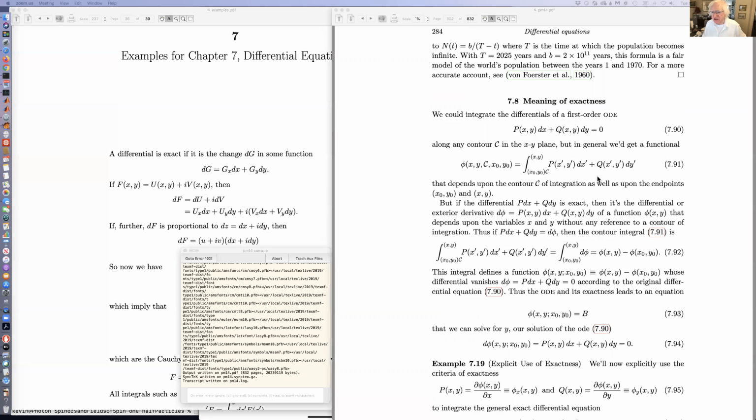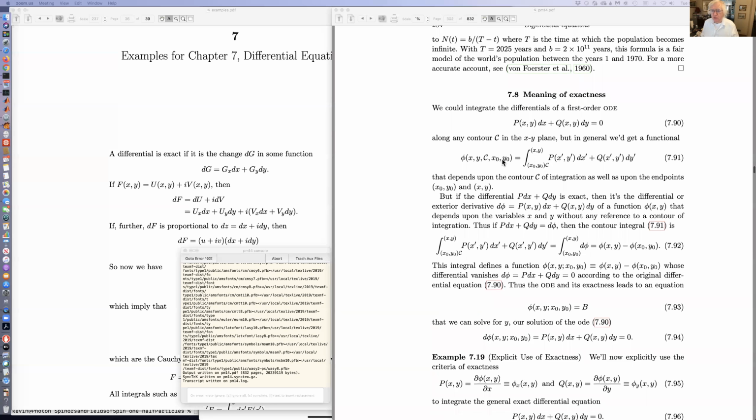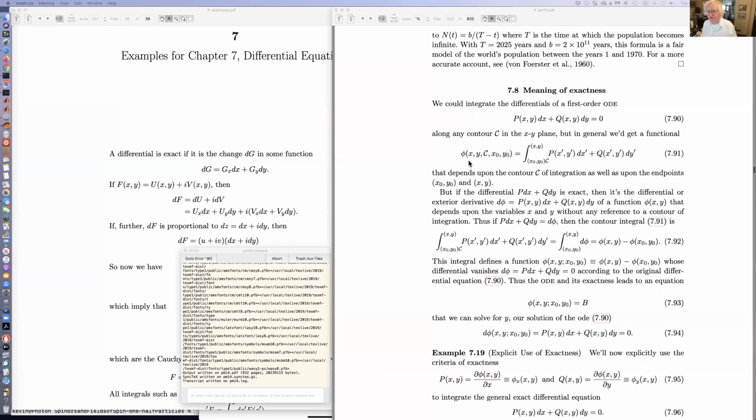So there's the distinction here between an exact differential, which means that p dx plus q dy is the differential of something, which I called phi, and an exact differential equation, which is setting that differential equal to 0.